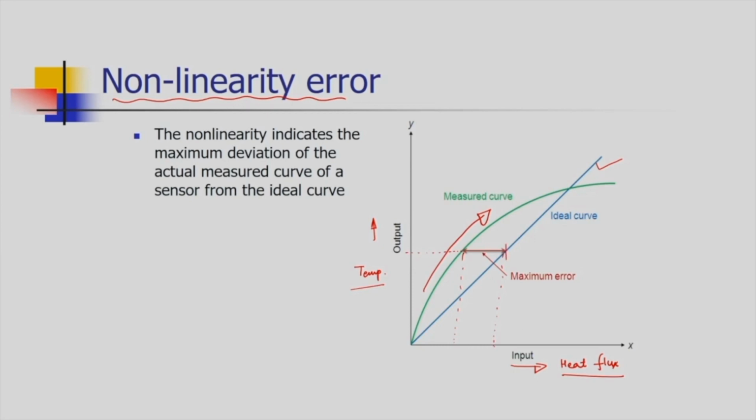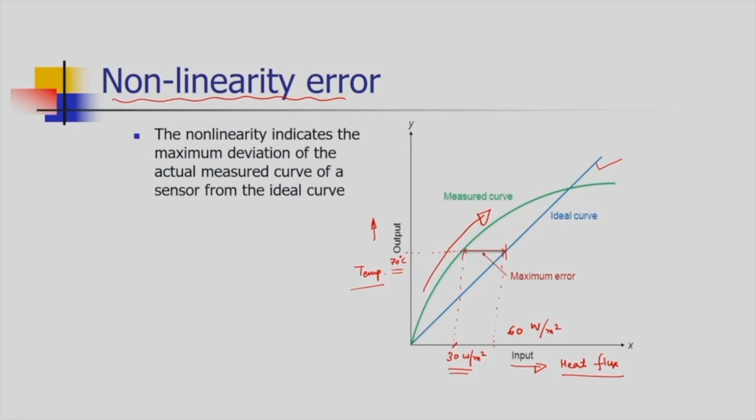Ideally it is designed that when we apply a heat flux of say 60 watt per meter square, the output of the system gives a temperature of around 70 degrees Celsius. But in reality, it was noted that this 70 degrees Celsius was achieved when the input value was only 30 watt per meter square.